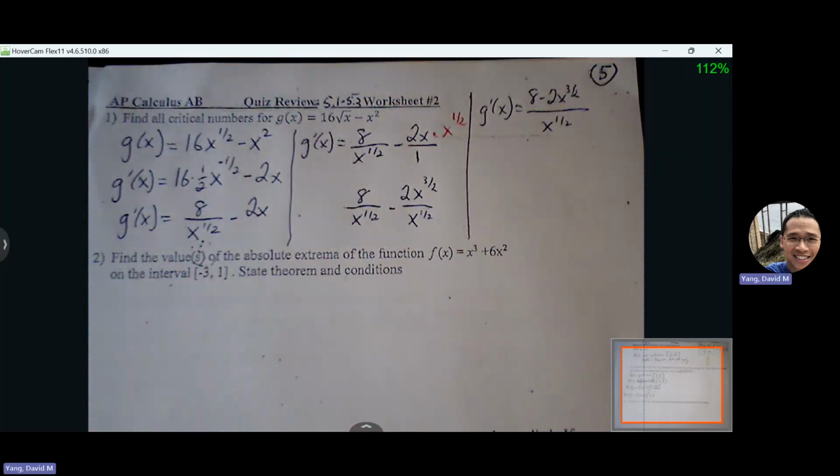Set the top equal to 0, set the bottom equal to 0, and those will be your critical points.